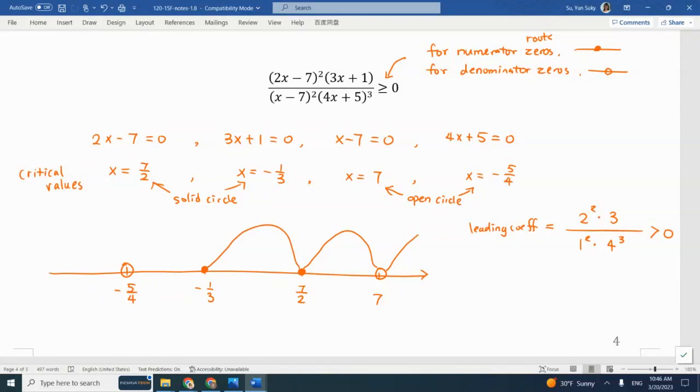Kara, negative 1/3. What's the multiplicity? 1, odd. What do we do? Cross. Yes, cross.